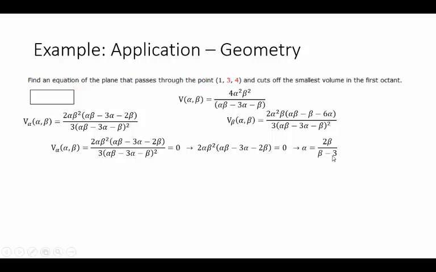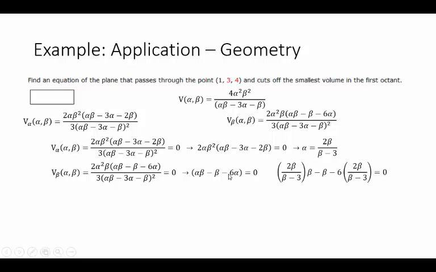Now we need to take that information and hold on to that information for a minute and take the derivative with respect to beta, set that equal to 0. We're going to get this equation over here. And now we'll take this information that we got from alpha and put it in for alpha into the second equation.